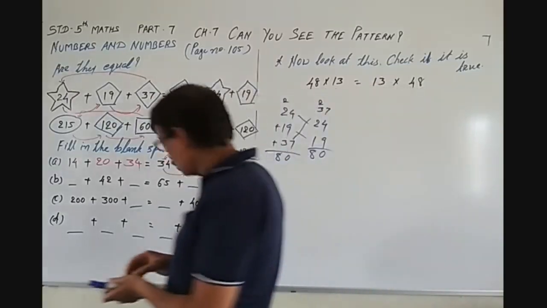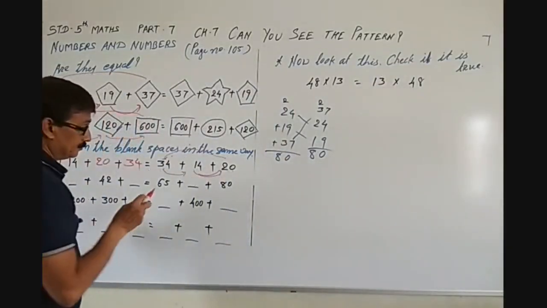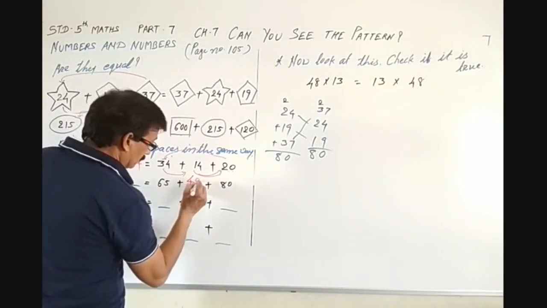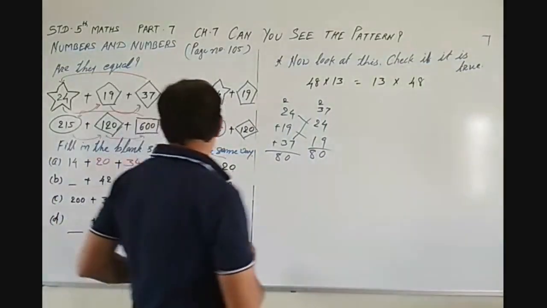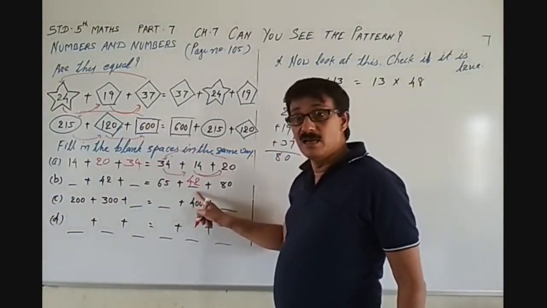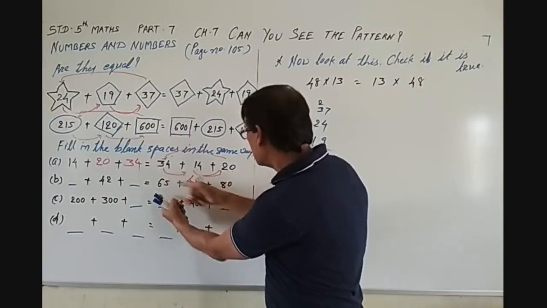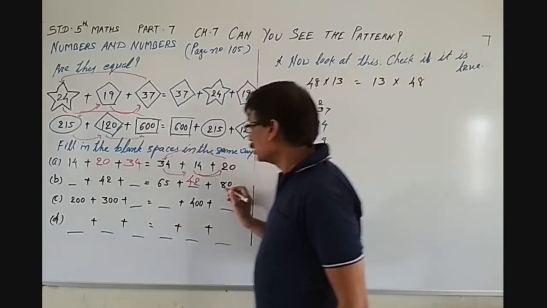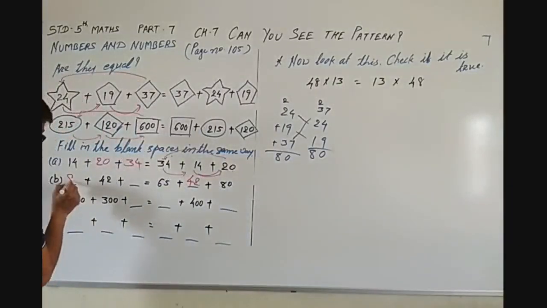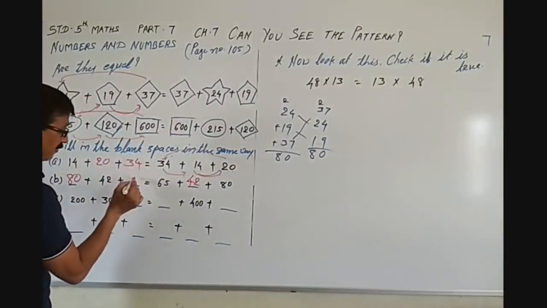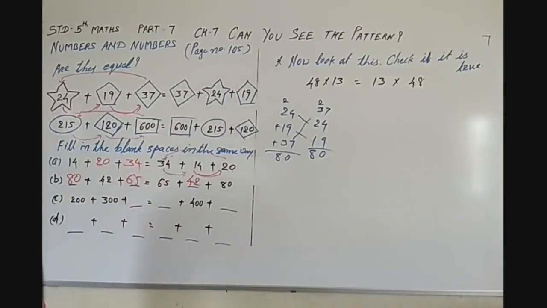So let me write 42 over here. Now 42 is in the middle. So let's change this place, 80 to 65, 65 over here. So let me write 80 over here and 65 over here.